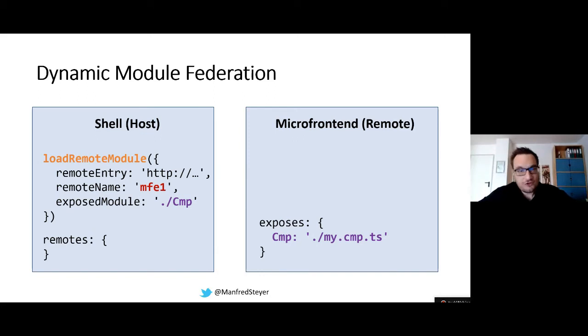Besides this, you just use a tiny helper function that is loading everything on demand, everything when you need it. And for doing this, you need to provide three pieces of data to your function. Namely the remote entry point from over there, the name of the microfrontend of the remote over there, and the name of the exposed file, the exposed Ivy component, the exposed module.